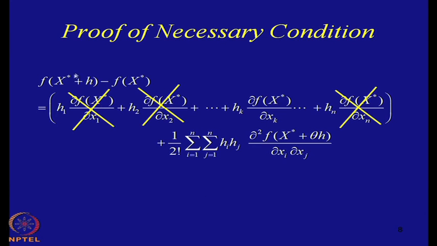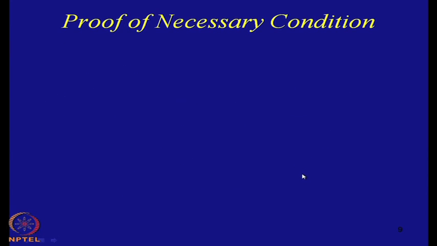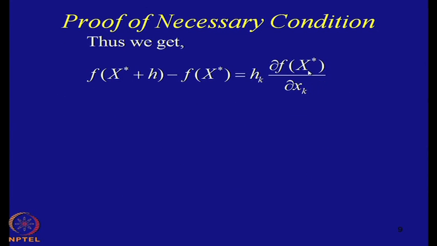Then this tends to 0 because hi and hj are small increments over the decision variables. This expression is of order h square, so it will vanish again. The left hand side then depends only on the right hand side value. This is the expression we get.